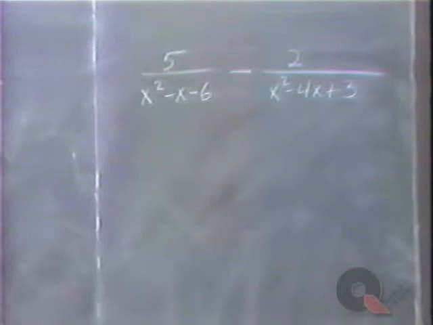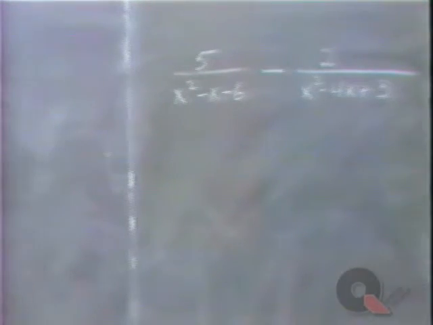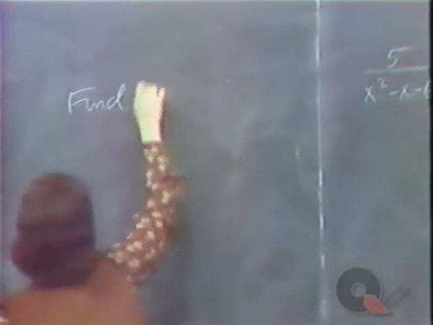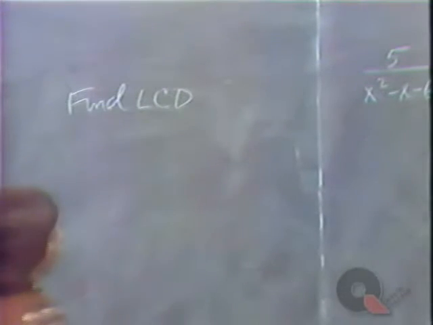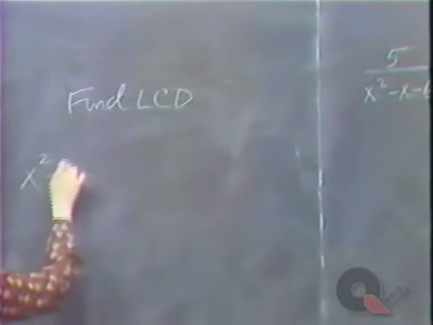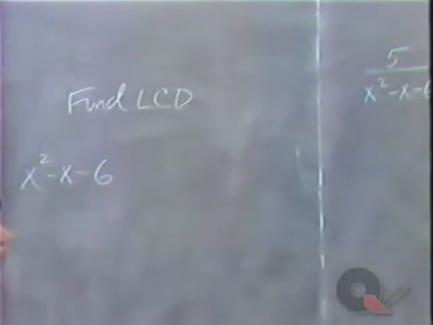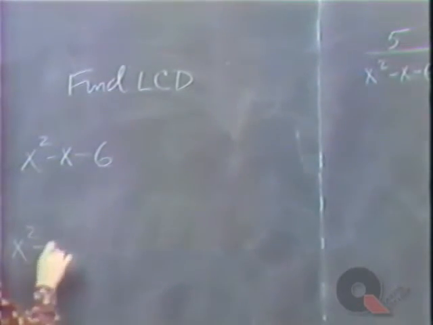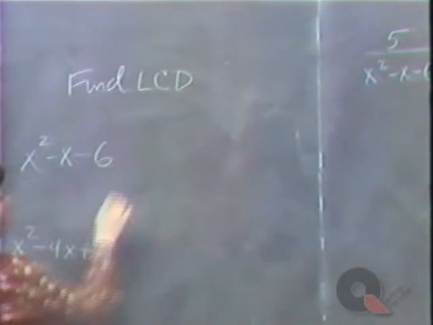So let's find the LCD. We have two denominators, x squared minus x minus 6 and x squared minus 4x plus 3.